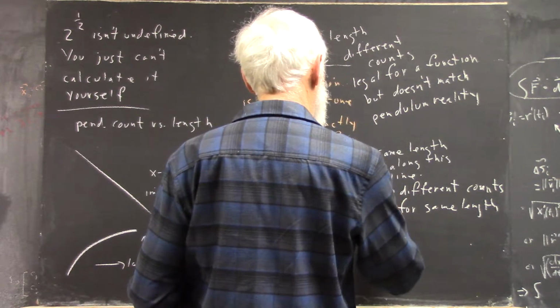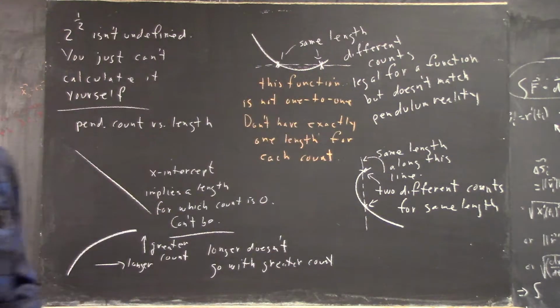So you have 2 different counts for the same length. Okay? And pendulums don't act like that. Not going to be part of our pendulum model.